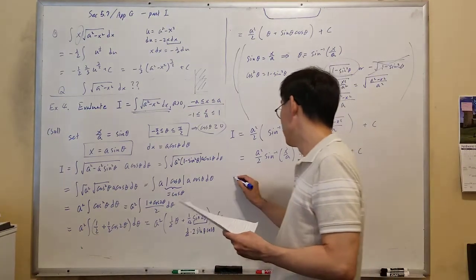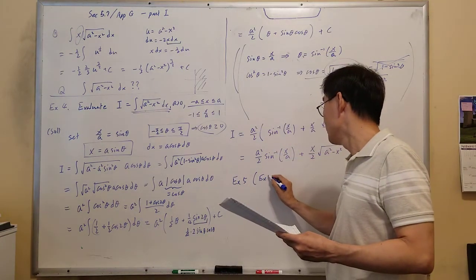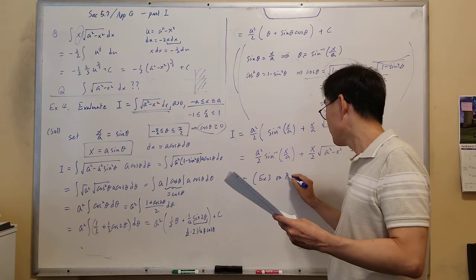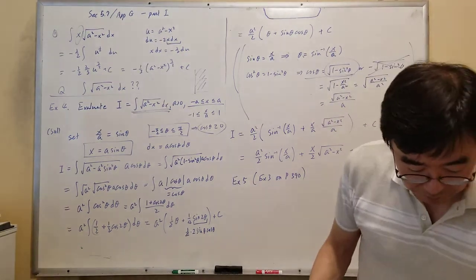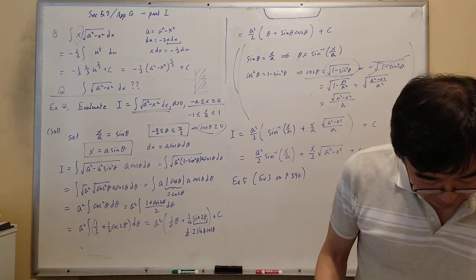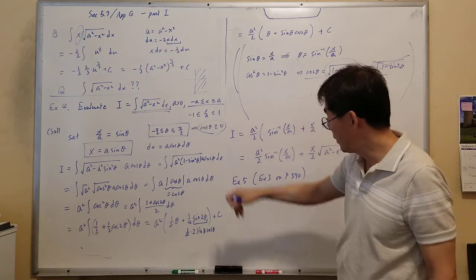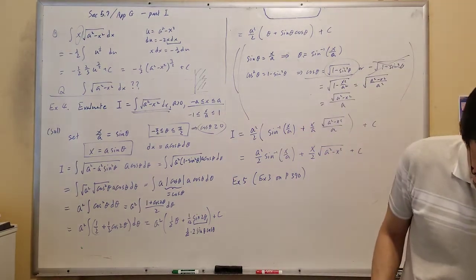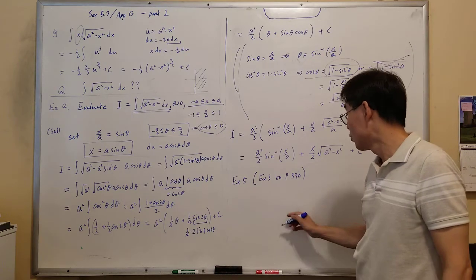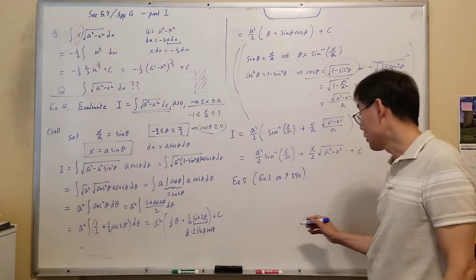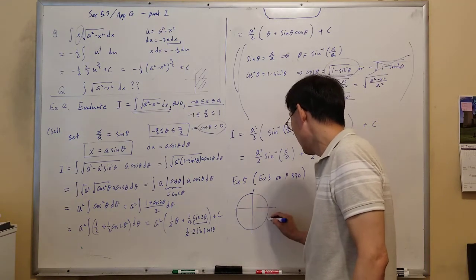So, example 5 is example 3 in your textbook. That is a reading assignment, but they didn't do this indefinite integral first. They just did the definite integral of this function. But in the end, they're trying to find the area of the circle with radius r.